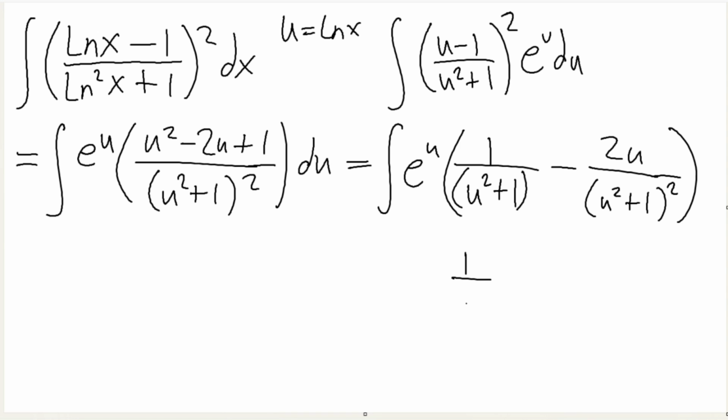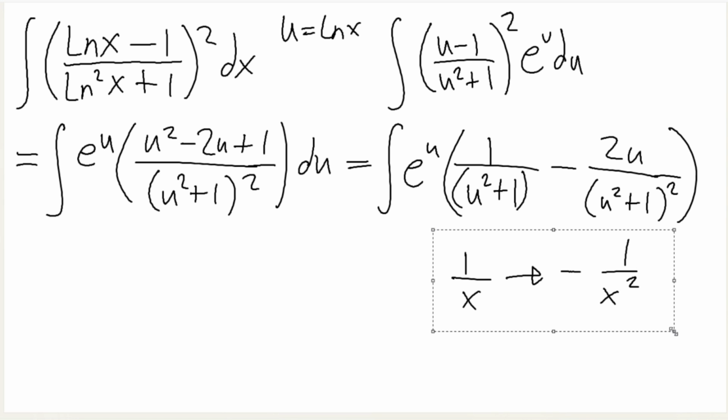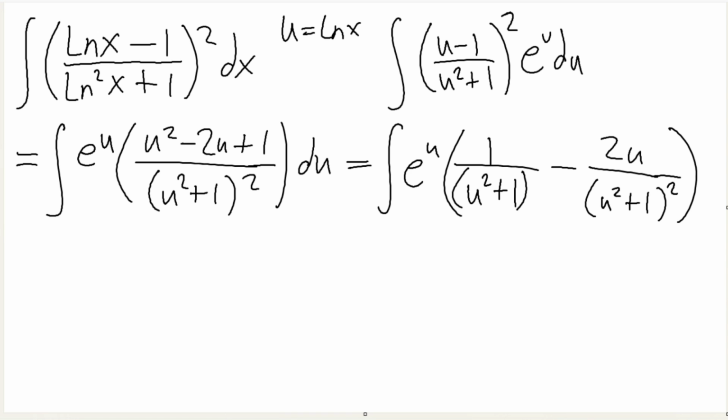Because 1 over x, if you derive it, you get negative 1 over x squared. So that's how this negative comes. Okay. So that means that this is a reverse product rule of e to the u over u squared plus 1.